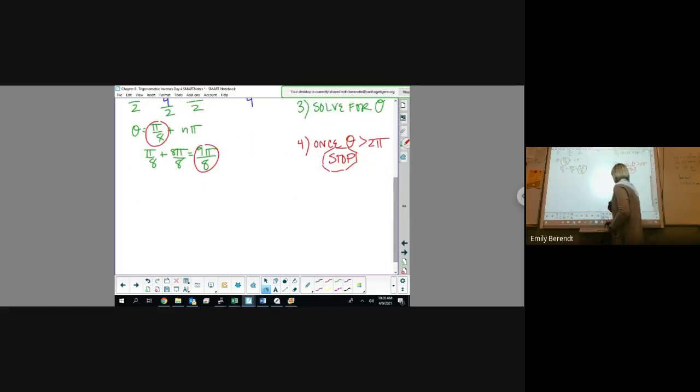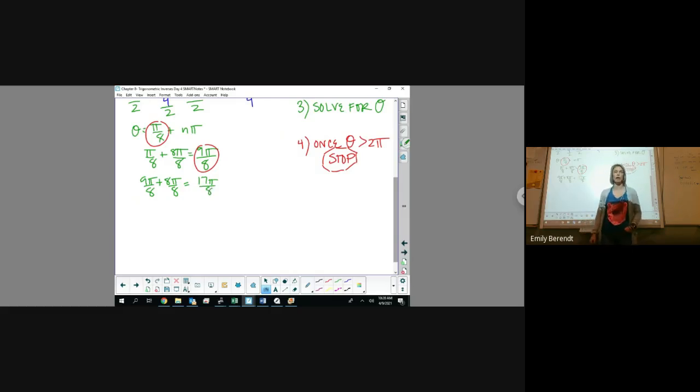Then you go to 9 pi over 8, and you add another pi to it. So to add pi, we really have to add 8 pi over 8. So 9 pi over 8 plus 8 pi over 8 makes 17 pi over 8. Well, 17 pi over 8 is clearly greater than 0.